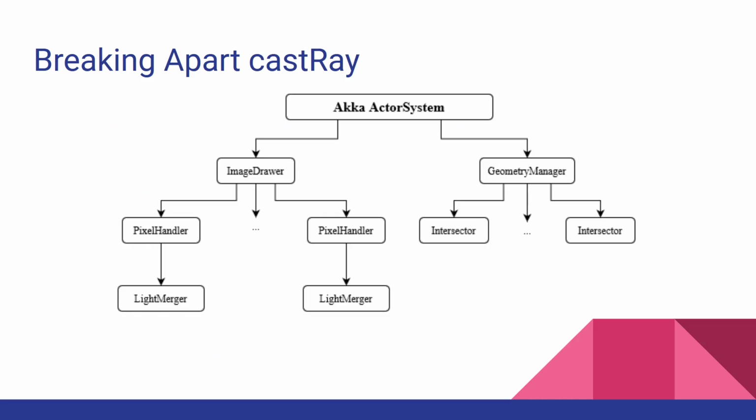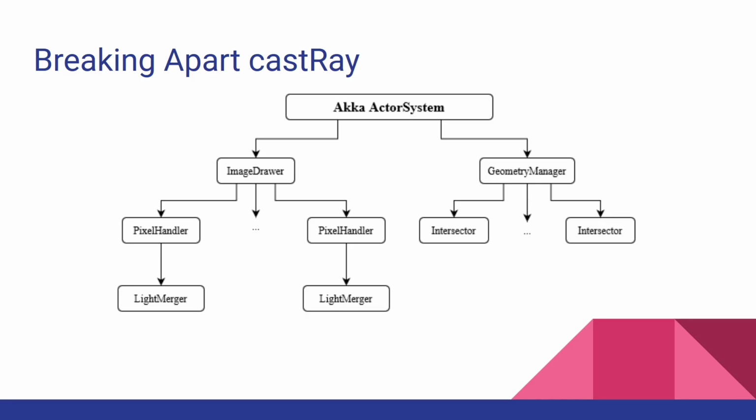So, to make that easier to visualize, we have the Akka actor system itself containing everything, which has child actors in the image drawer and the geometry manager. The image drawer itself has pixel handlers, potentially thousands of them, with each pixel handler being specific to one pixel.